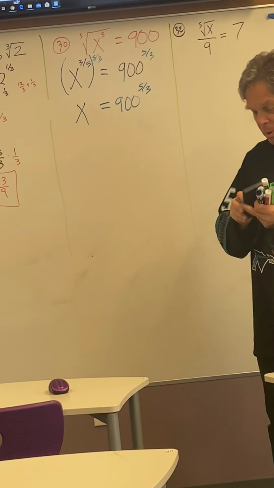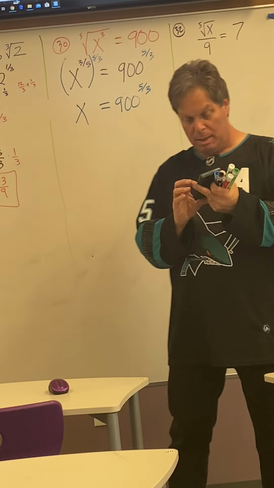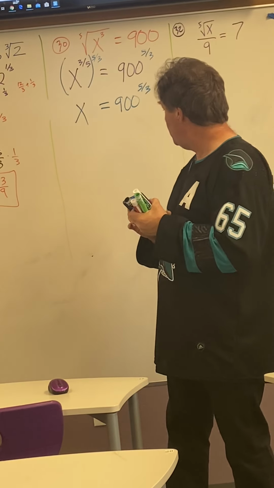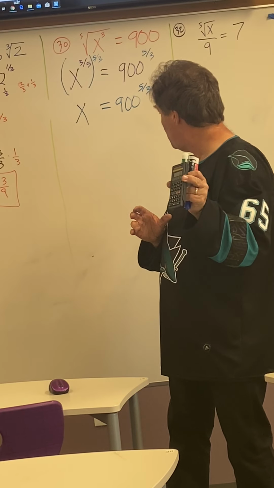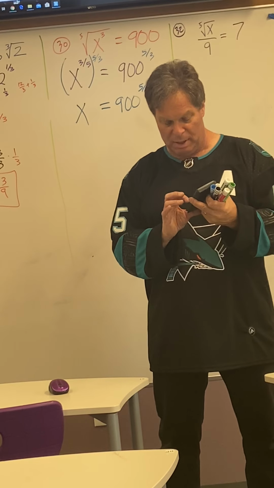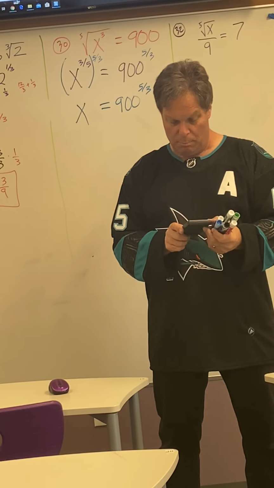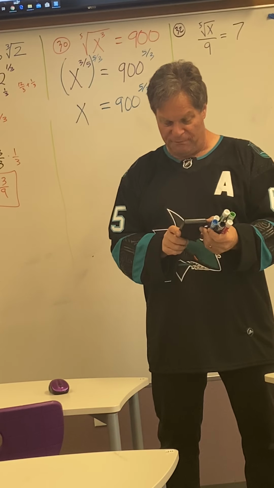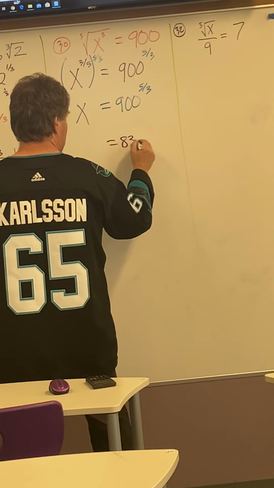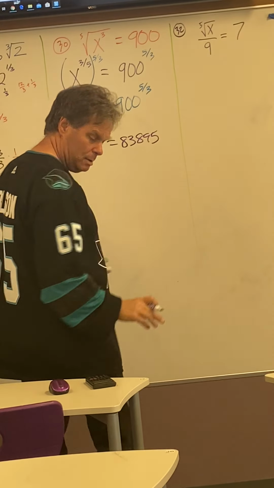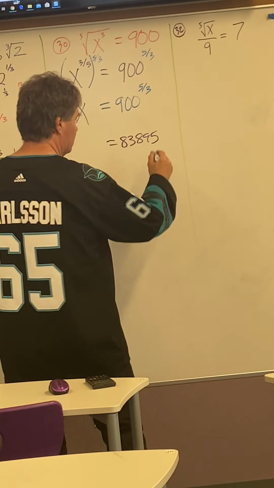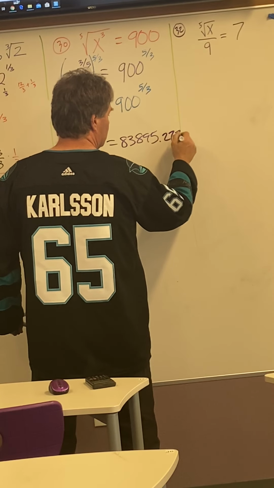I just have to let my good old buddy Cal figure this out now. 900 raised to the power, x to the y, is, oh, by the way, I just thought of something. X to the y there, to 5/3, so parentheses 5 divided by 3, close parenthesis, equals, holy moly, 83895.27766.